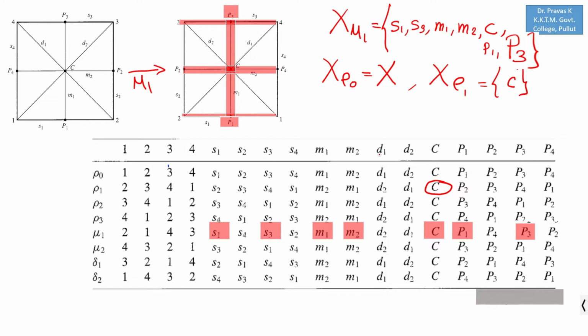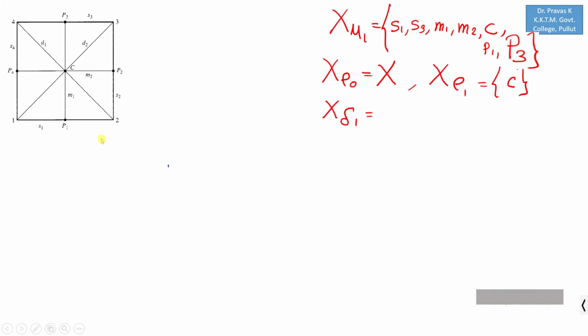Now if you don't have the action table and if you know the group action, then again you can calculate these types of values. For example, let us calculate X_delta1. So what is delta1? It is the action defined by the flipping of the square with respect to the main diagonal. So you can see that the vertices 4 and 2 remain unchanged.